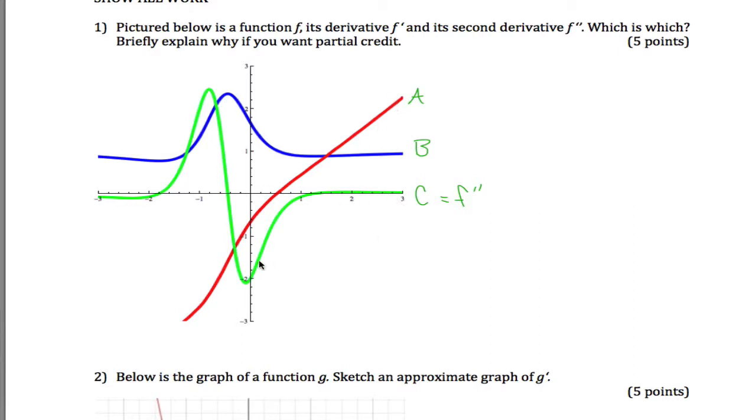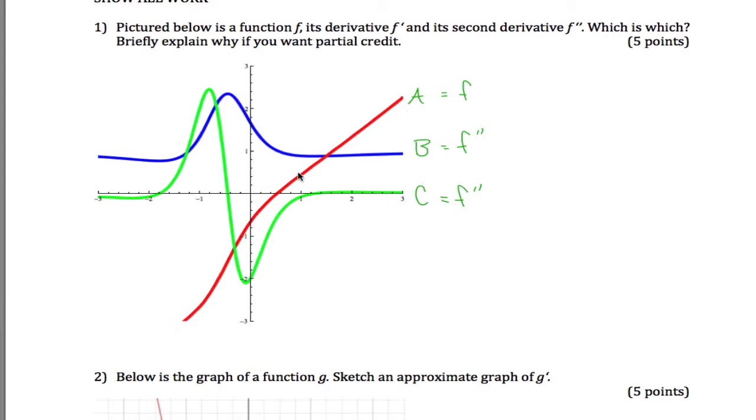This thing right here is not positive the whole time. It's negative down here. So green is not the derivative of red. What about blue? Well, blue's positive the entire time. So blue might be the derivative of red. So what I'm starting to think is that A is my function, B is its derivative, and C is the derivative of that. Let's see if we can talk ourselves into this.